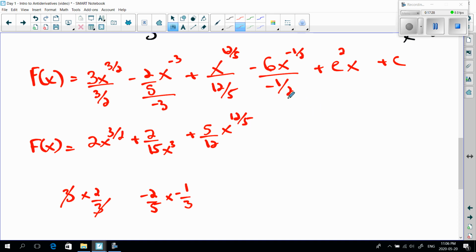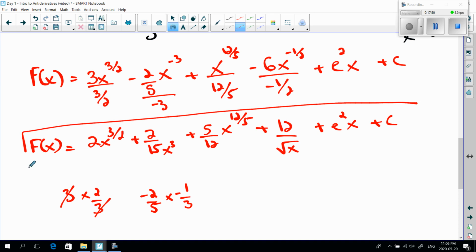Negative 6 divided by negative 1/2, that's like saying negative 6 times negative 2, gives you positive 12. And I'll take that x to the negative 1/2, and I'll send it to the bottom and call it x to the 1/2, or root x, plus e squared x plus c. That is your final answer.